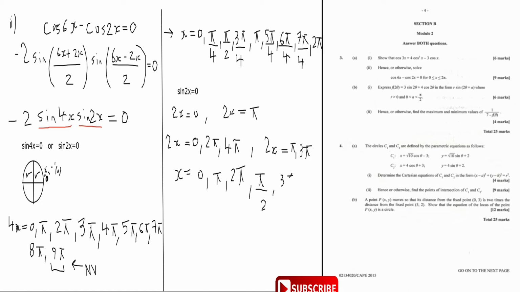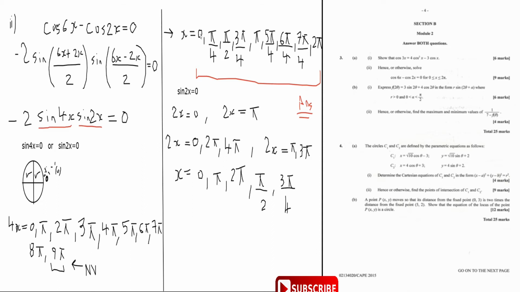Now, all of these answers are already in the solutions up here. So all of these are the final answers: 0, pi by 4, pi by 2, 3 pi by 4, pi, 5 pi by 4, and so on. Nice and easy.